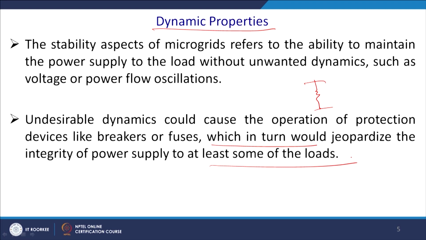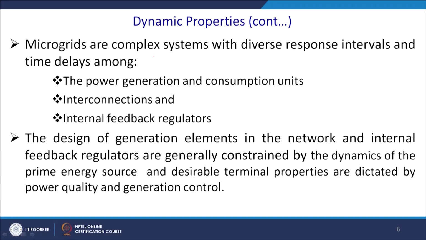If the sustained oscillation is there, those protection devices may activate, and there will be a loss of power maybe in some portion of the microgrid unnecessarily, and thus we need to prevent it. So, regarding dynamic properties, microgrids are complex systems with diverse response intervals and time delays among these different coordinated controls.